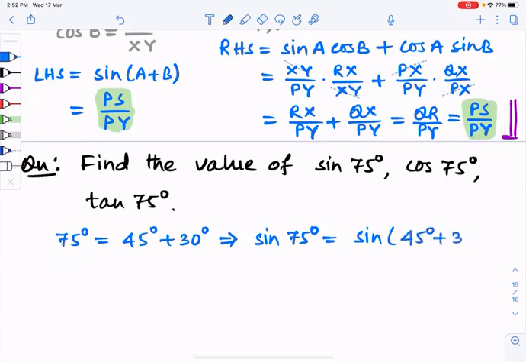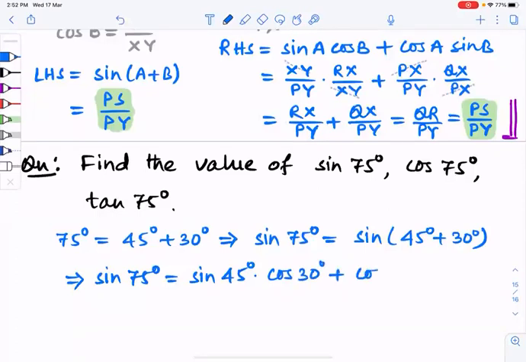And I can apply the sine A plus B formula here. So this will imply sine 75 degrees equal to sine A cos B plus cos A sine B.